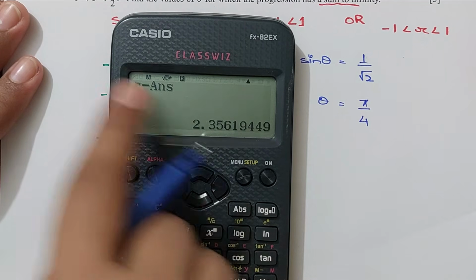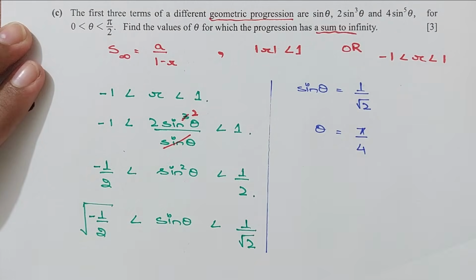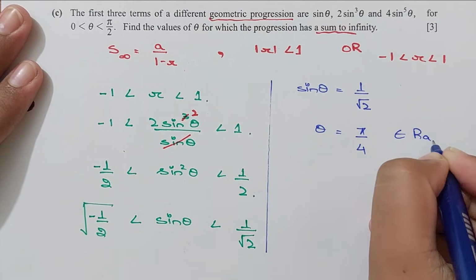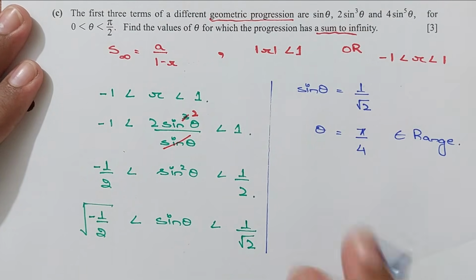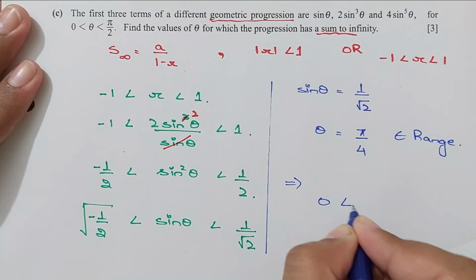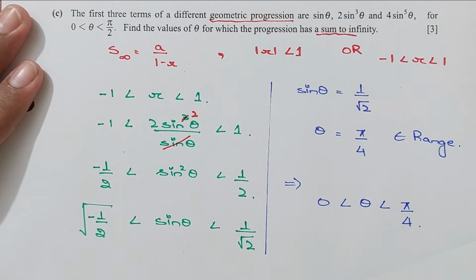So it is more, but the range we have been given is between 0 and pi by 2. So pi by 4 belongs to the given range, right? So this is the value of theta, or if I can rewrite, 0 is less than theta is less than pi by 4 in terms of interval, right?